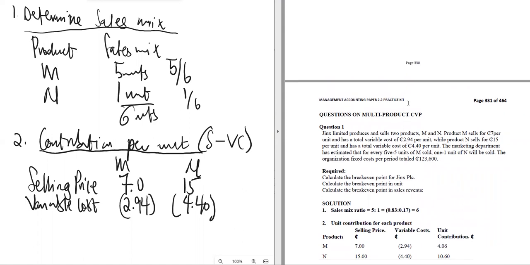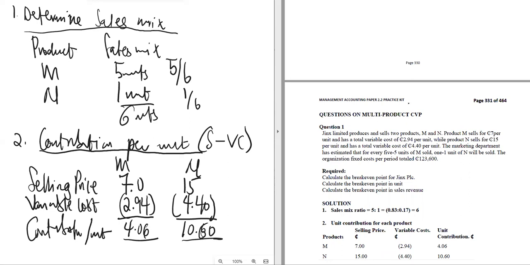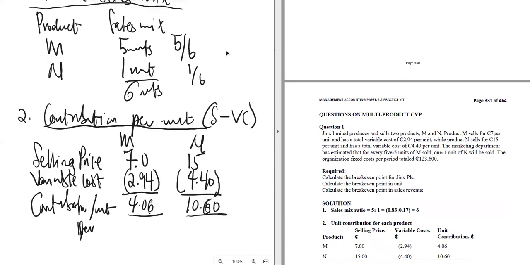The first product gives us 4.06 as our contribution per unit, and the second one gives us 10.60 as our contribution per unit. It's better you write it as per unit, as in PER, than using the stroke. I think that communicates your approach better.